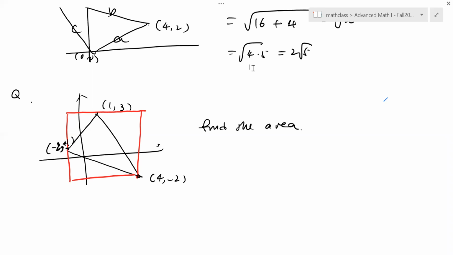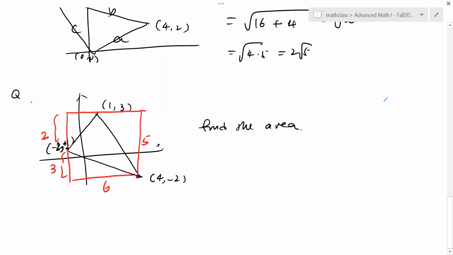Let's figure out the edge length. This side from -2 to 3, so just look at the second component, from -2 to 3 is 5. This one from -2 to 4 is 6. That's the change in the x coordinate. And here from -2 to 1 is 3, from 1 to 3 is 2, so the total is 5.